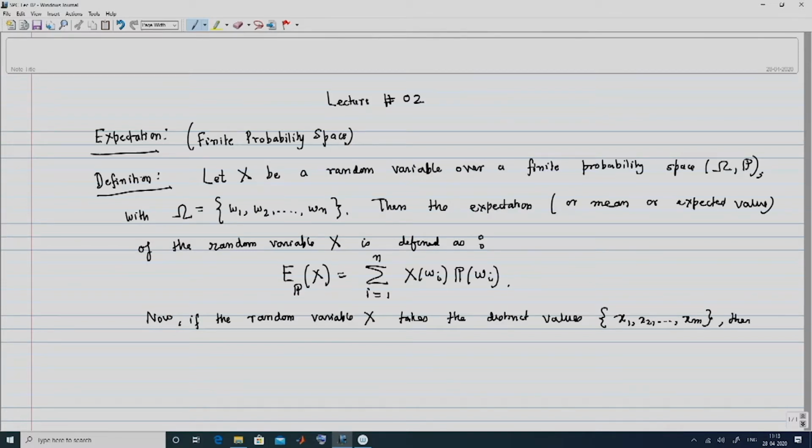In that case, we have the expectation E of X subscript P to be the summation of xi times the probability that X takes the value xi, and in this case I runs from 1 to m.